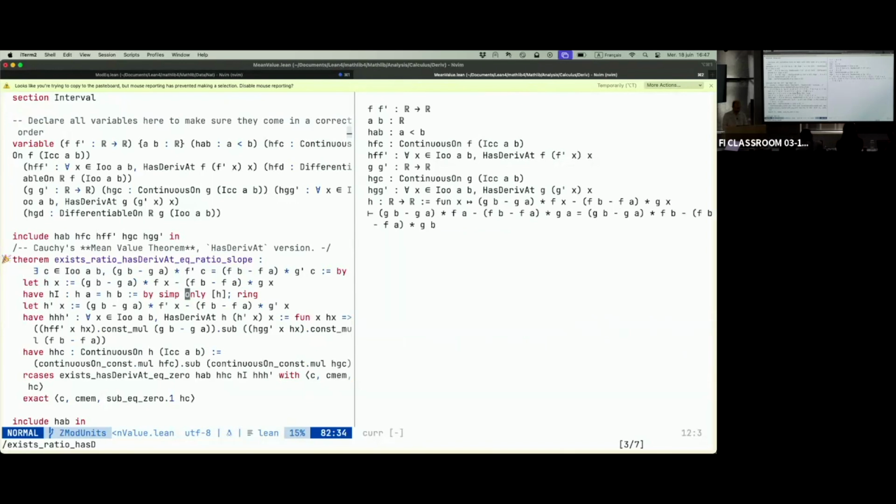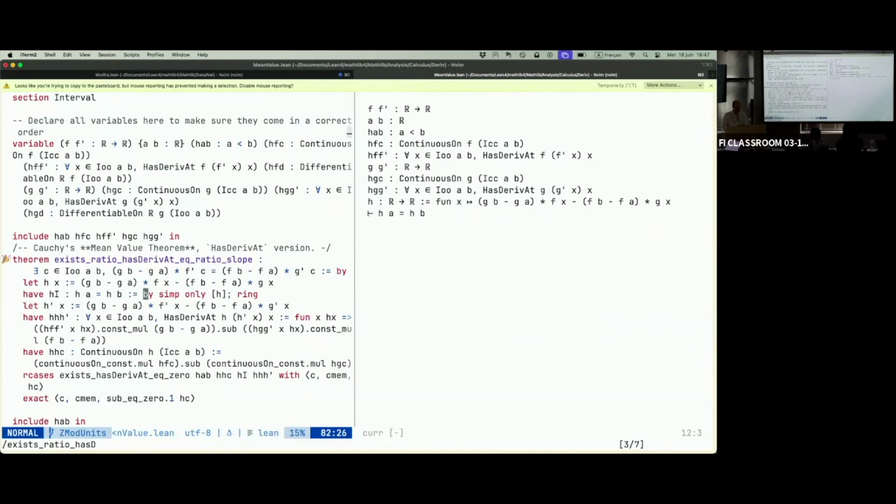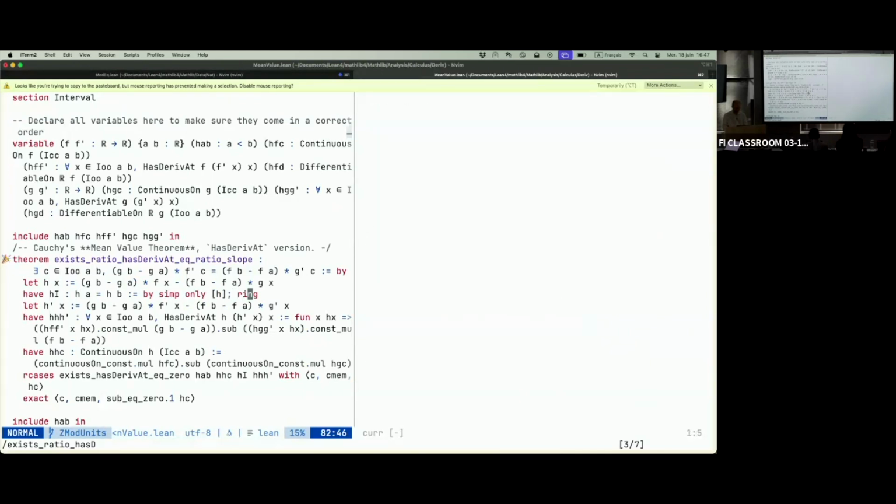And then it is proved that this function takes the same value at a and at b. And so the proof is basically just unfold h and do some simplification, and then apply ring.